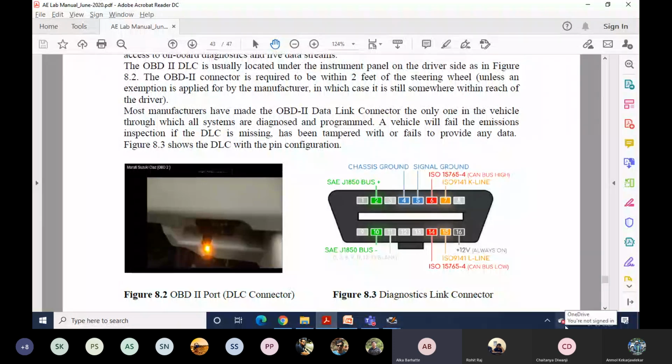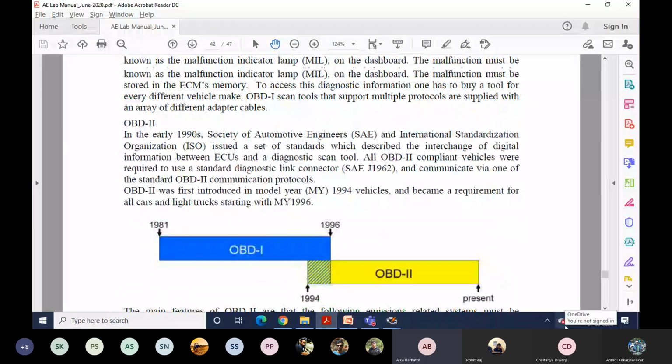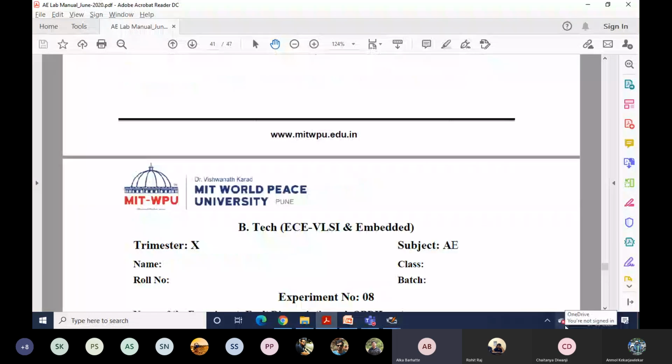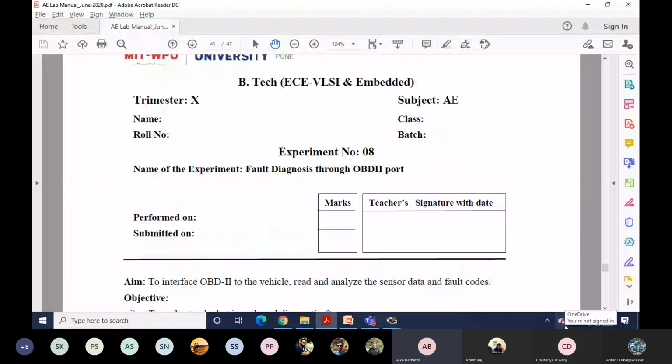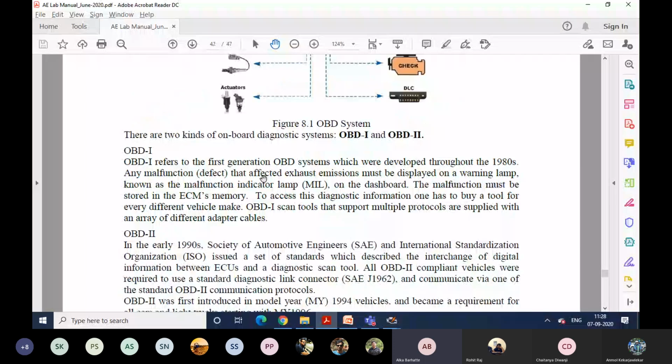So this is something I have opened from your last experiment. It is representing fault diagnosis through the OBD2 port, and here I have put one or two graphs.